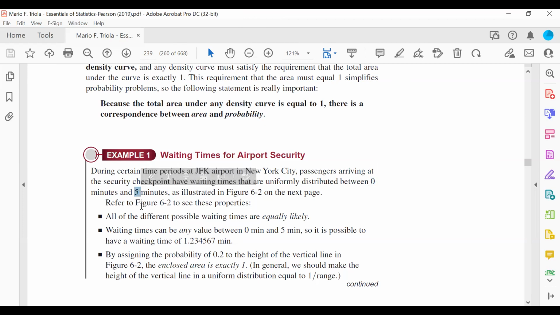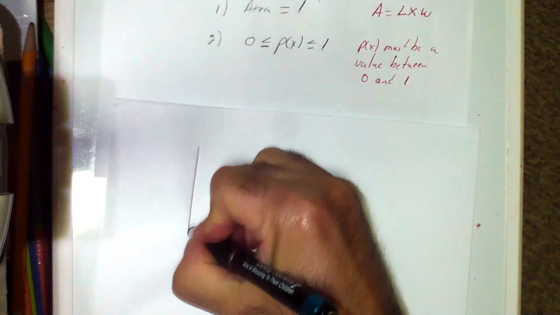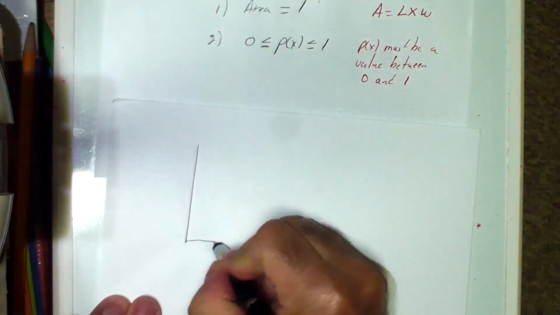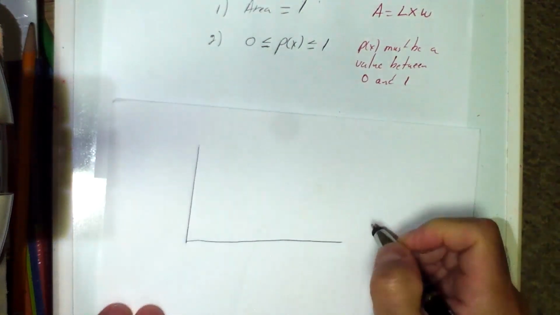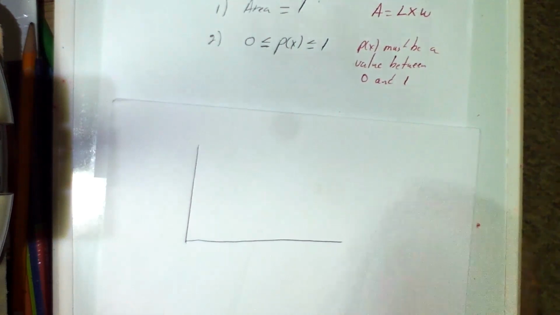Okay, so let me draw the picture. So this is what we have. You're gonna have to draw these just like me, so you can get the hang of it. All right. So here's our graph, right?